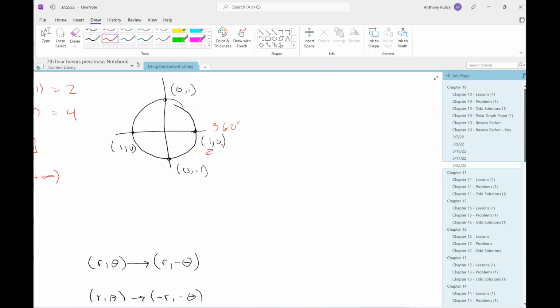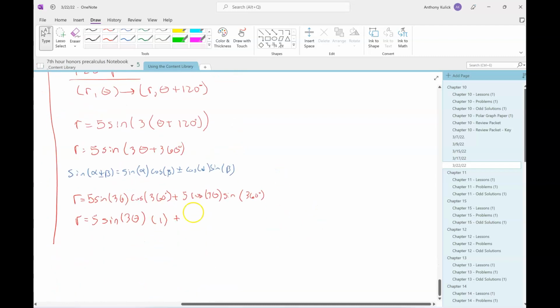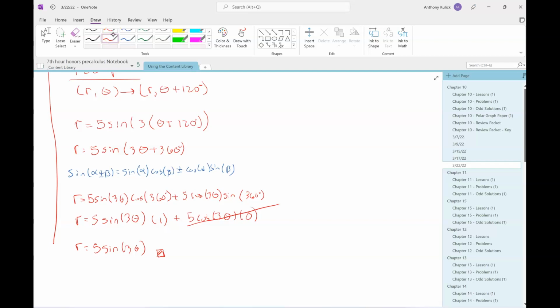What's sine 360? 0. Wait a minute. Wait a minute. Yes. So I'm just left with r equals 5 sine 3 theta, which is what we started with. Righteous, my dogs. That's pretty neat, right?